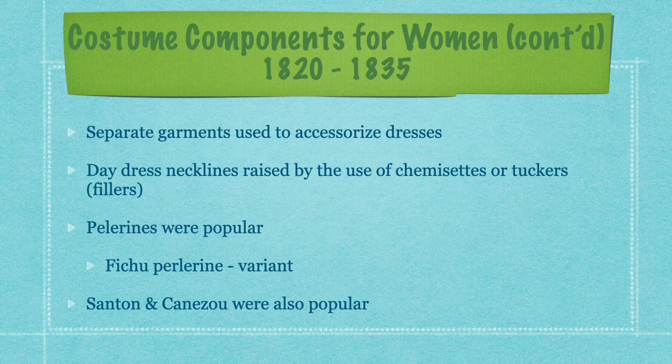The fichu pelerine, a variant of the pelerine, had two wide panels or lappets extending down the front of the dress and passed under the belt. Other popular accessories were the santon, a silk cravat worn over a ruff, and the canezou.